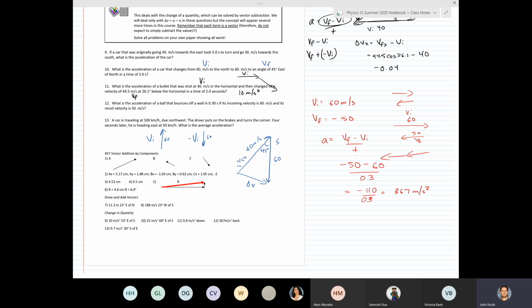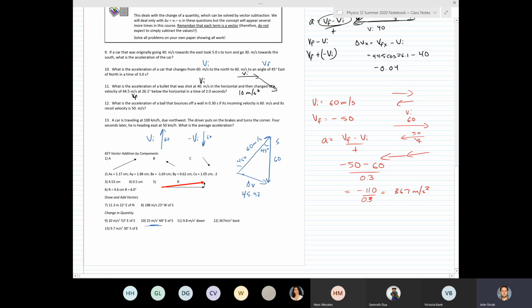And square root that to get 45.92. And then, so that's your delta V, but acceleration is delta V over t, so time is 3 seconds. So we're going to divide that by 3 to get 15.3. So that's 15 meters per second.